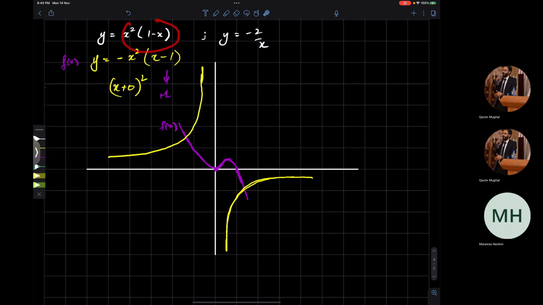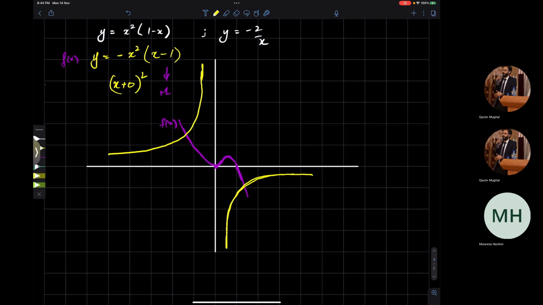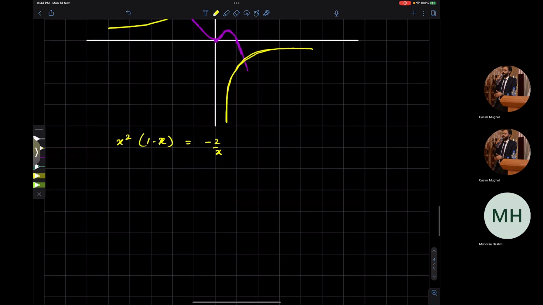It means x squared times 1 minus x equals minus 2 over x. So x squared times 1 minus x equals minus 2 over x. All right, so x squared minus x cubed plus 2 over x equals to 0. I brought this over here because I have denominator as a variable.